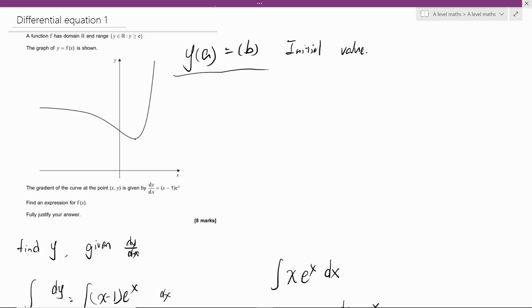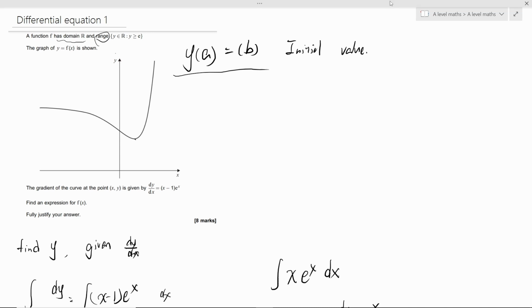Sometimes the domain and the range also matter, because sometimes the function is not continuous at some points, and then your solutions must be restricted to your continuous range. For example, y is 1 over x is discontinuous at x is 0. So if you achieve some solution for positive x, then you cannot assume it also holds for negative x, because given another initial value where x is negative, you might achieve something completely different.